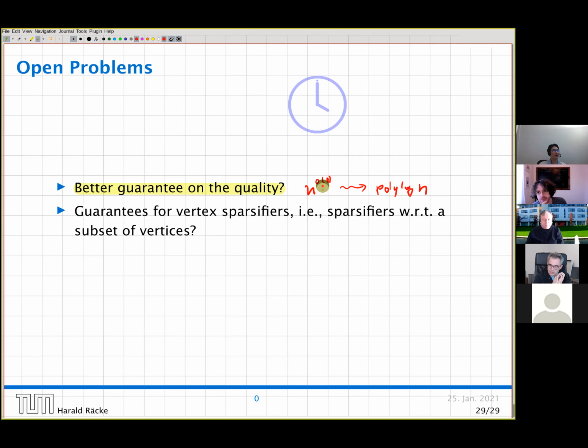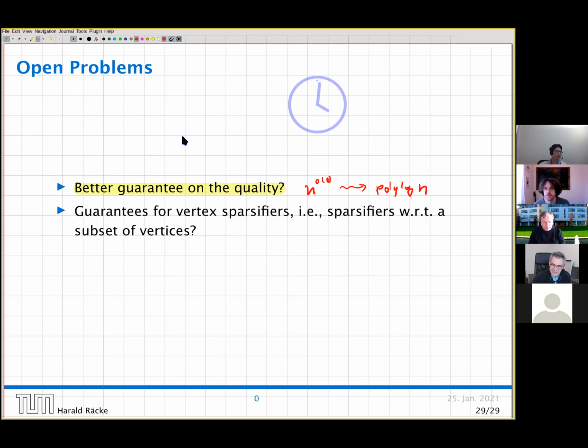Thank you. And another question is, I guess, in the end, since you said that your result is deterministic, then it means that you didn't really modify Saranurak Wang because that one is randomized, but you probably need this Chuzhoy et al. Yeah, okay, but what the thing is that, this all depends on the cut matching game.